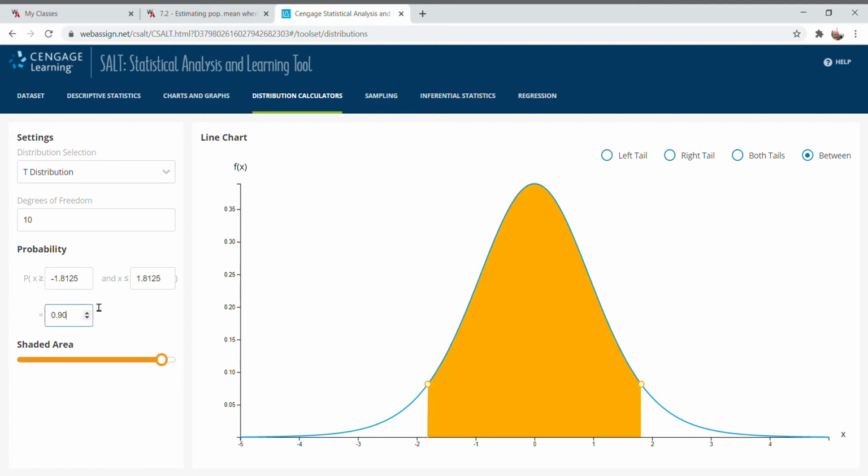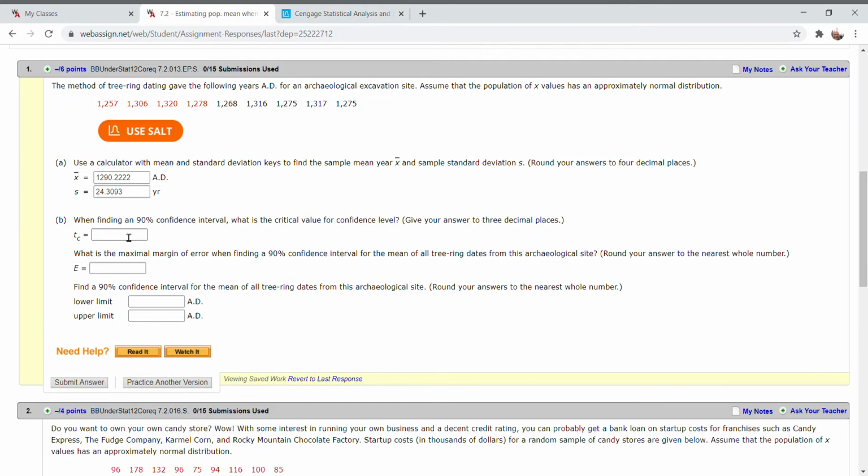See how I did that? Put that in the area box. Grab your positive cutoff value, and that's your T sub C. Cutoff T value, rounding to 3 decimal places, that's going to be 1.813.